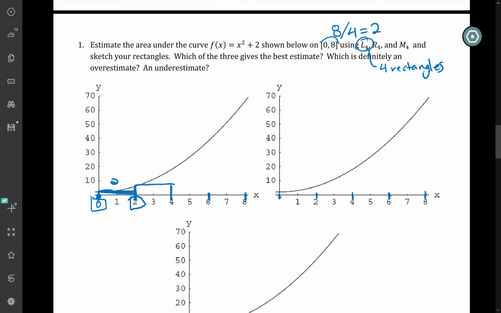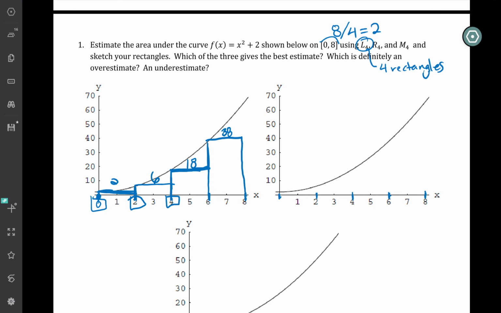And when I plug 2 in, I get 2 squared is 4, plus 2 is 6. For my third rectangle, I'm going to plug in 4, and its height is going to be 16 plus 2, so 18. And then my final rectangle, I'm going to plug in 6, always that left end point. I'm going to get 36 plus 2, which is 38.